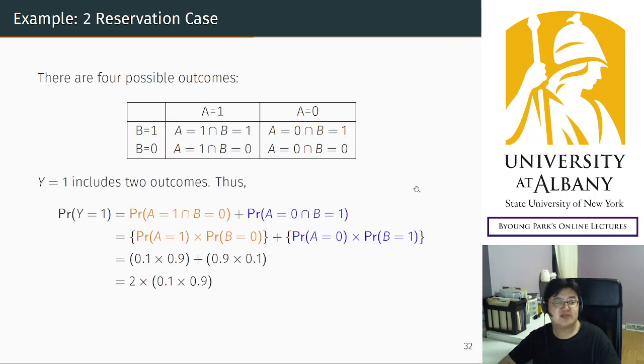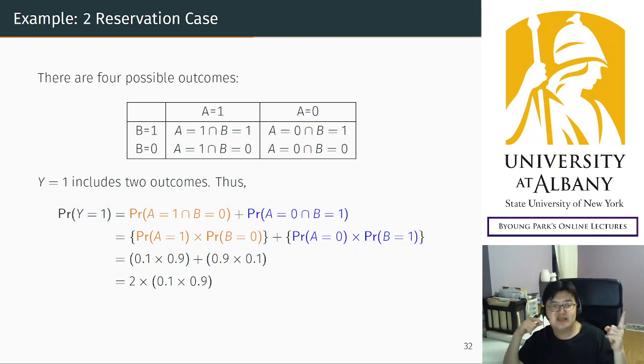Then what is the difference? The difference is that in the earlier question, I was asking you only about this specific outcome: A is cancelled, but B is not. That was my previous question, so the answer was 9%. But now, I did not specify who cancelled. I just told you one is cancelled, but I don't know who cancelled. So you have to think about all different possible scenarios, right?